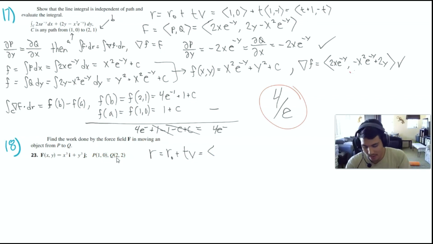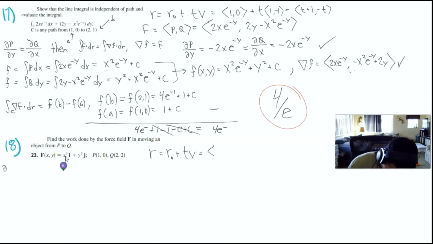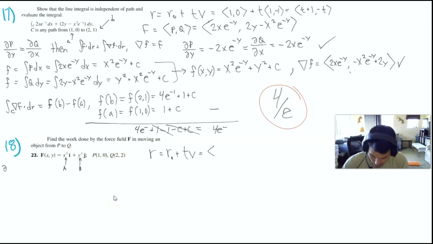Okay, let's just check if this is a conservative field first. I'm going to call these A and B, because they took the letters P and Q, so I can't use P and Q anymore.